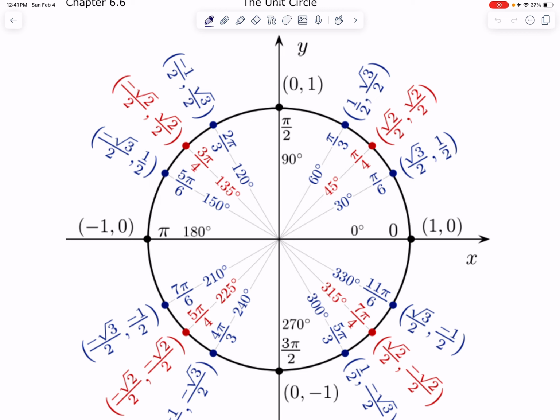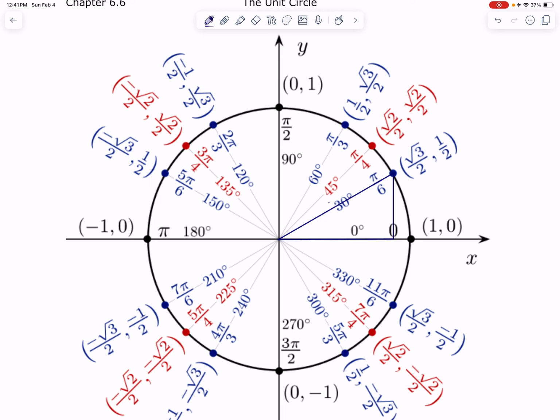If I take a look at this first point right here and I drop my altitude, here is my 30, 60, 90 triangle that we saw as one of our special right triangles.